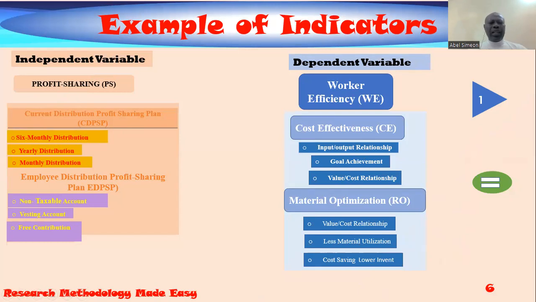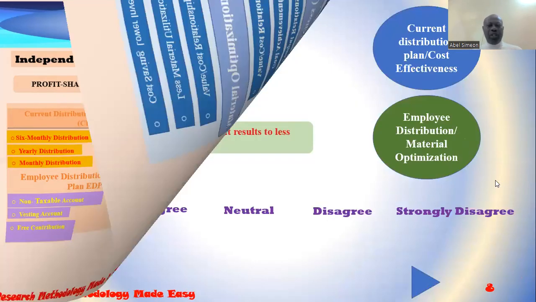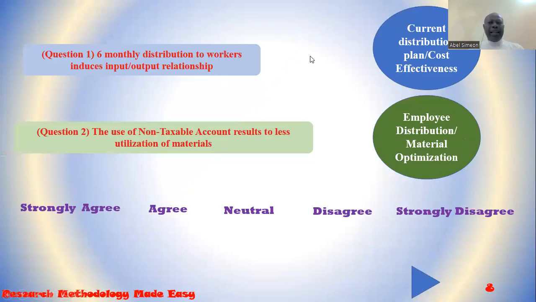When you ask this question, the respondents will have to give an answer, if your Likert scaling is strongly agree, agree, neutral, disagree, strongly disagree, out of these 5 suggested answers.